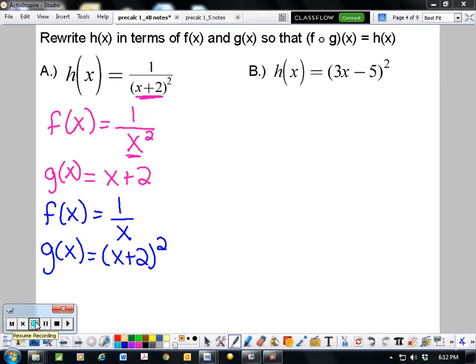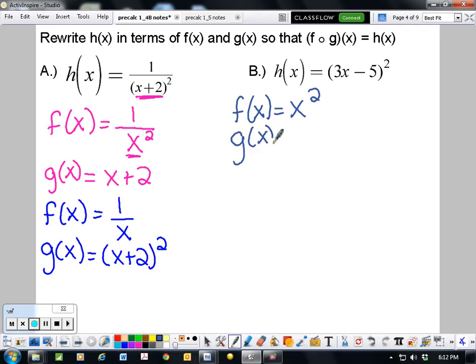Okay, so one option may be that f of x is x squared, and g of x is 3x minus 5. So this is getting plugged into that x position.